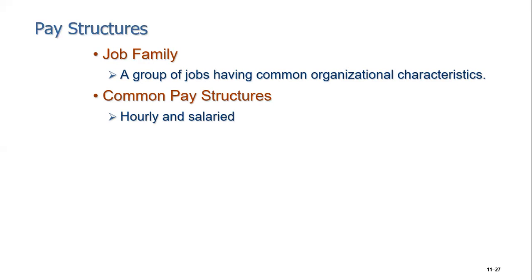Say for instance, if I'm an IT assistant, obviously there would be many IT assistants in my organization, not just one. Therefore, the family of the IT assistant, the group of jobs. The IT assistants may have different duties, but their rank, their grade is the same. Therefore, salaried.